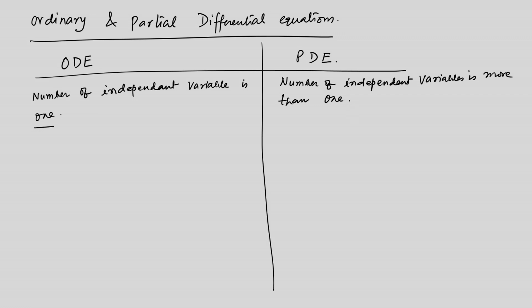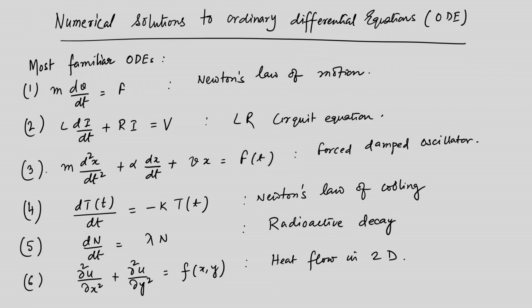Okay. So, let us see, if you go to this last page, all these 1 to 5 represent ODE, because the dependent variable V depends upon only one independent variable, that is t. Similarly, here I depends only on t, x depends only on t, the temperature T depends only on time, and n, the number of atoms which remain after a time t, also depends upon time.